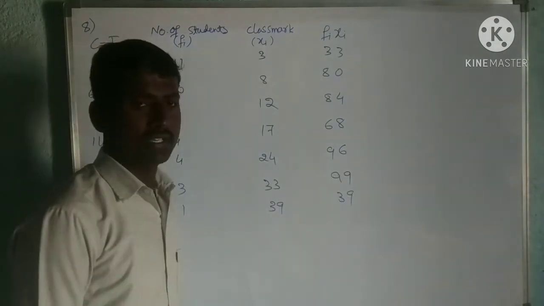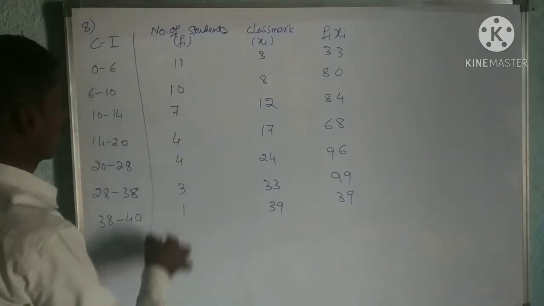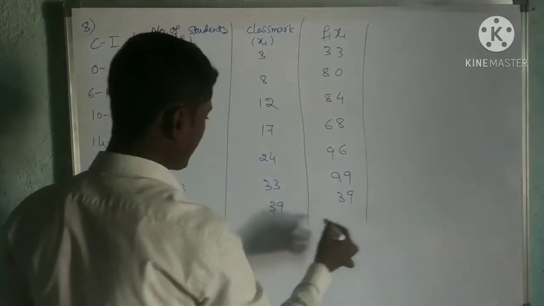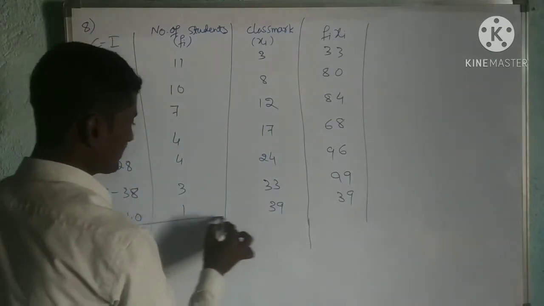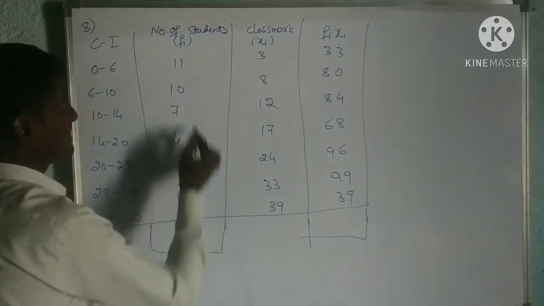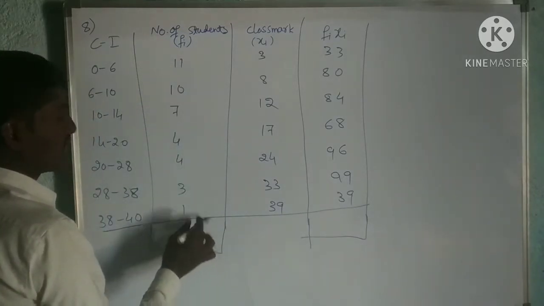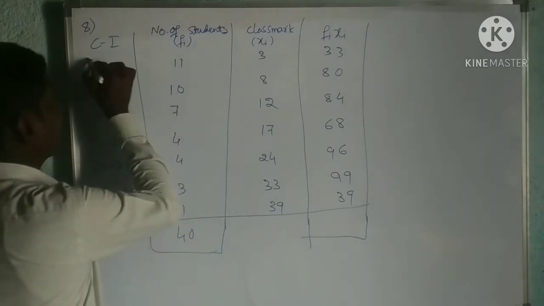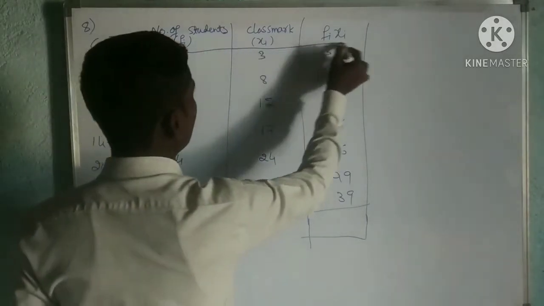Okay. First we shall draw the table. So I need the sum of fi xi and the sum of fi. Now this is already 40, they said. If you add all these numbers I'll get 40 only, because the number of students they gave is 40.